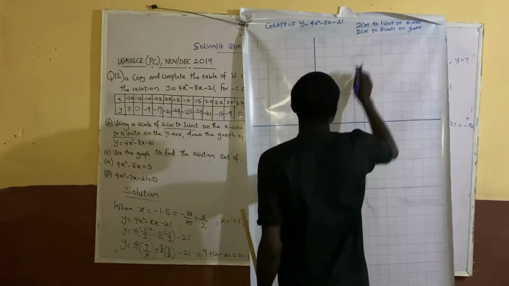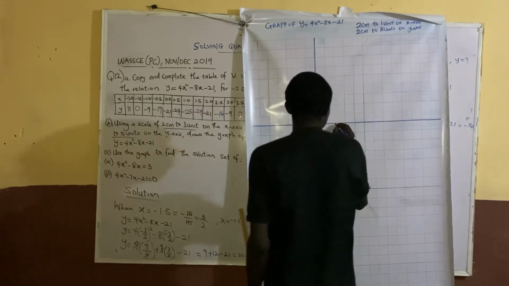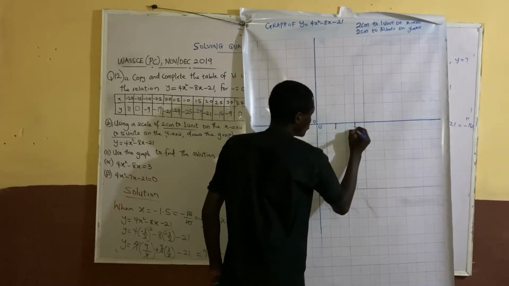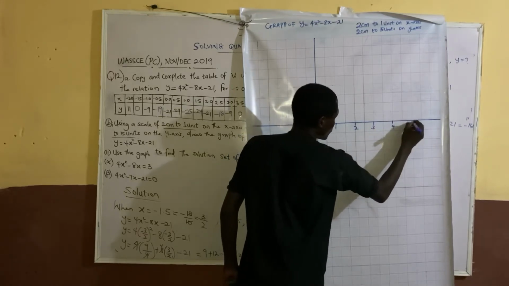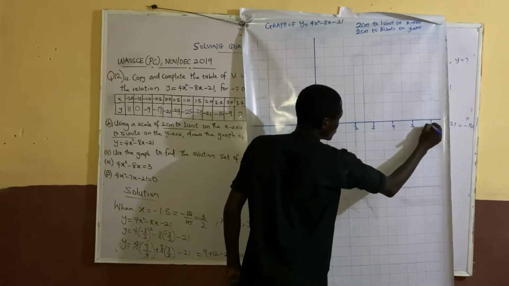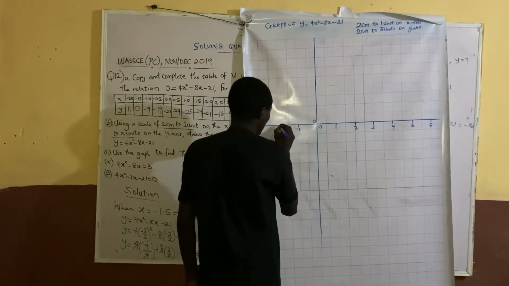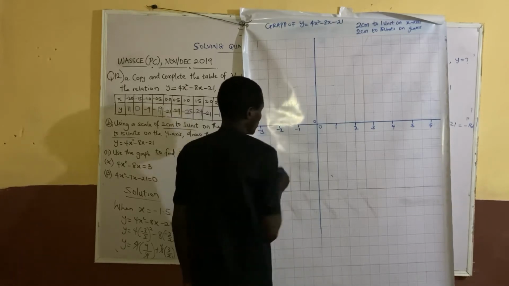Now under this we say 2 centimeter represents 1. So we have 1, 2, 3, 4, 5, then 6. Then here we have -1, -2, -3.